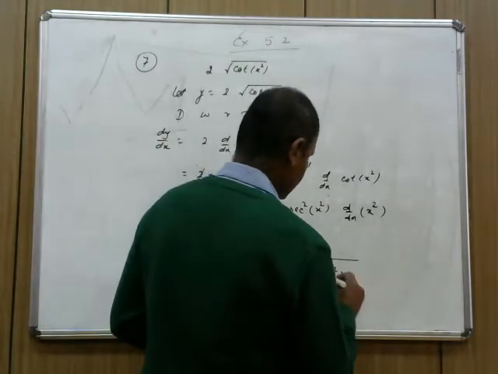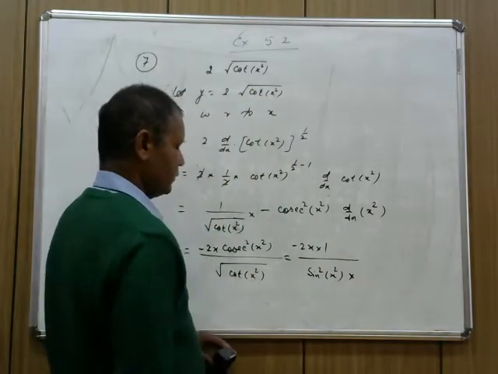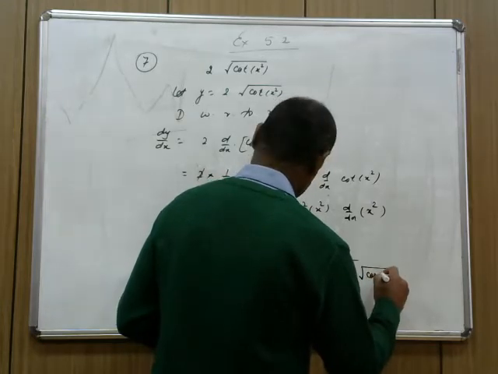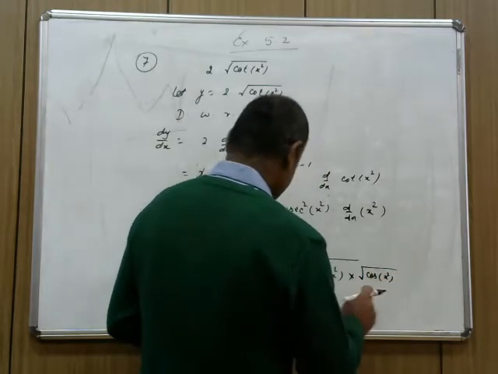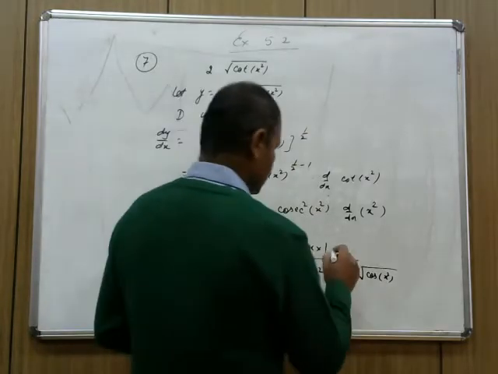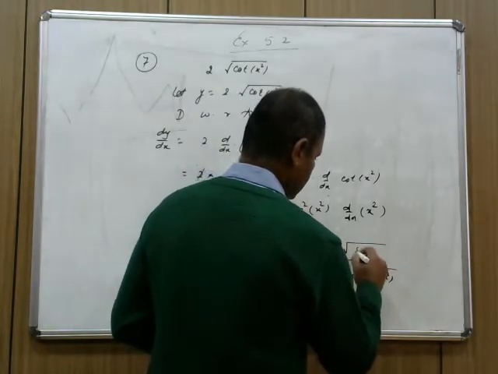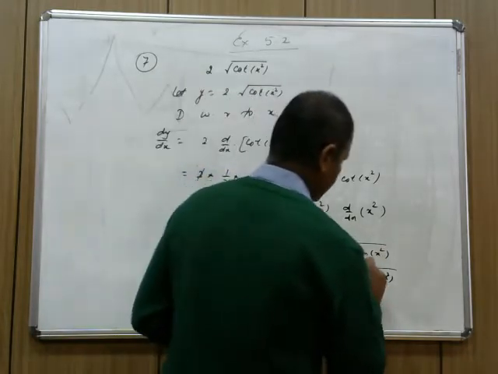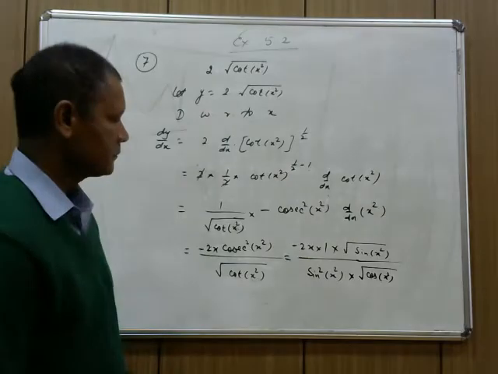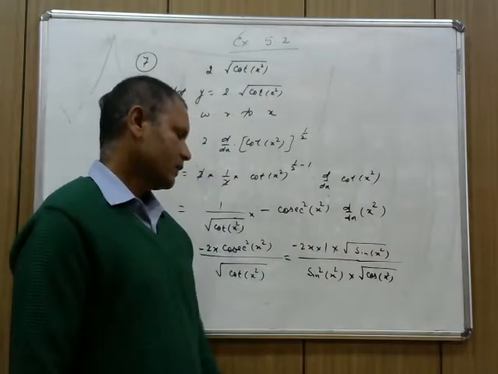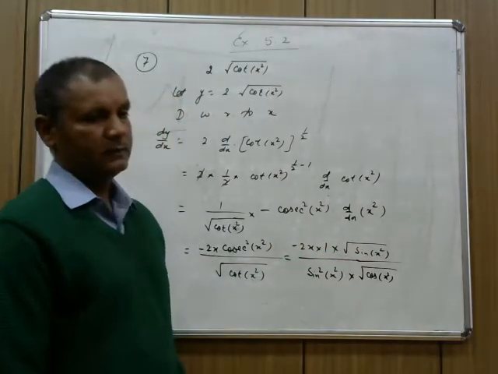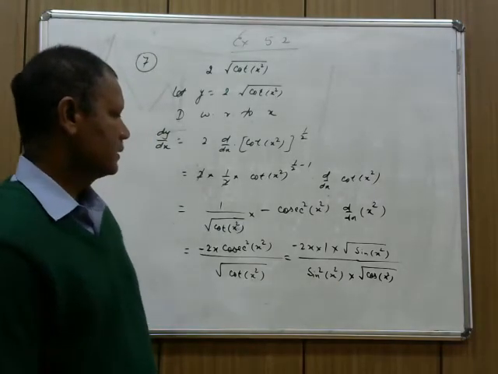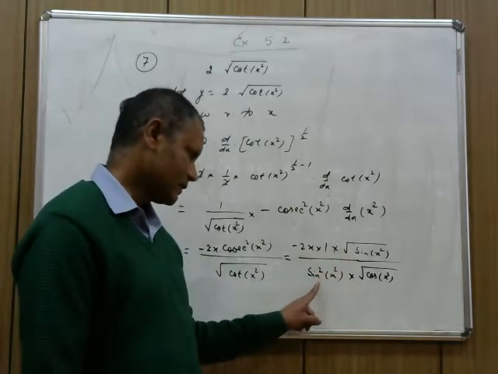Under root cot x square, you can write under root cos x square divided by under root sin x square. It means here can I write under root sin x square, and here is sin square into x square. Means what? Sin square x square, under root sin x square, or here sin square into x square.